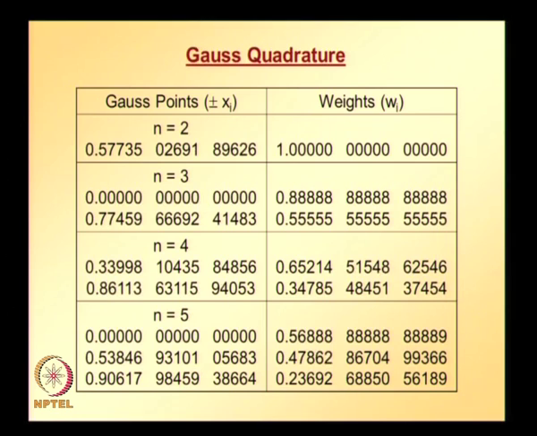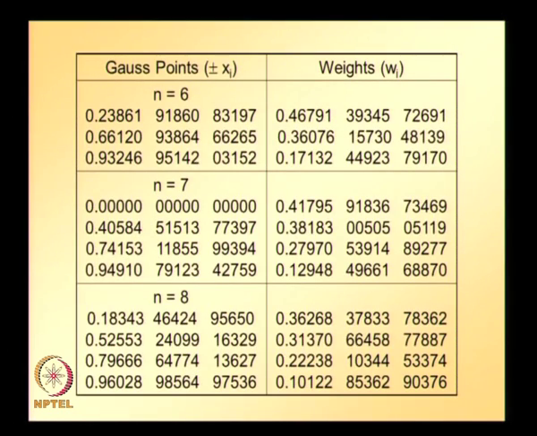So it is not given in the table, but n equal to 2, 3, 4 and 5, the locations and weights are given here, and similarly a continuation of this table is here with the rest of the points, n equal to 6, 7, 8.